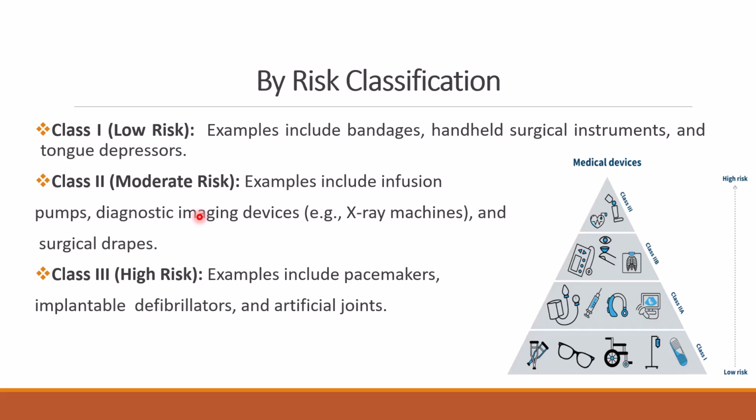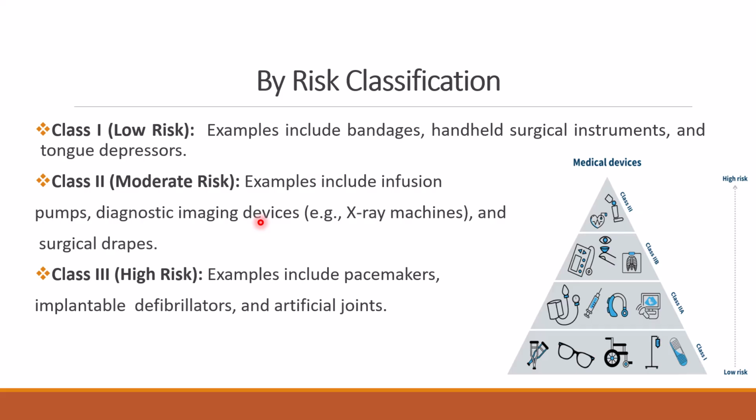We have the moderate risk, for example the infusion pump, the diagnostic imaging devices like the X-ray machine, and surgical drapes. For these devices, for example, if we have a problem in a diagnostic imaging device, it will not affect the patient's life at the moment. It will affect the diagnostic images.